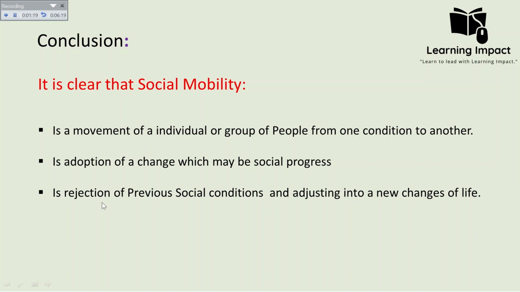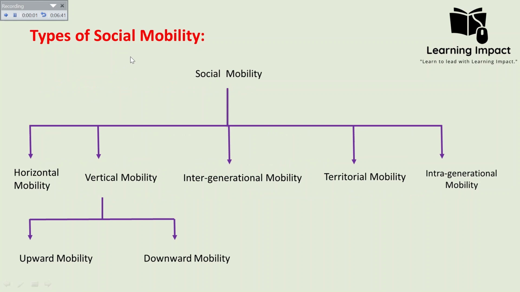So from the definition we have concluded that social mobility is a movement of an individual from one condition to another, that there must be alteration either in the society or in the life of an individual, and that it is the rejection of the previous social condition and adjusting to new changes of life. Then there are some types of social mobility which we have to discuss.